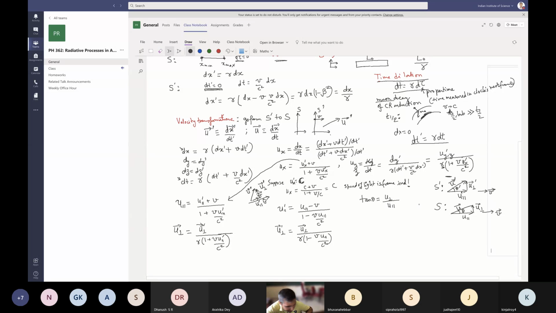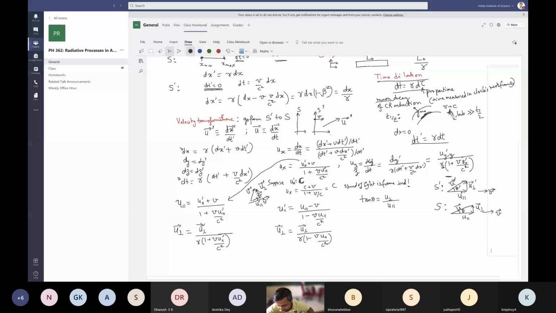Now the question is, how is theta related to theta prime? Basically, if you have some particle which is moving in your S prime frame along a certain direction, in which direction does it appear to be moving in frame S?